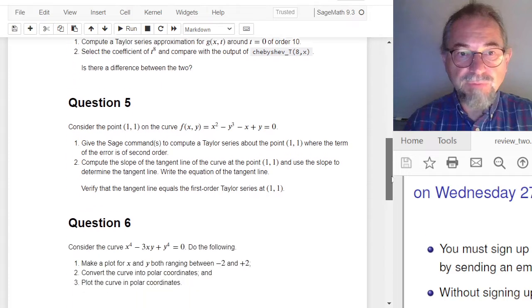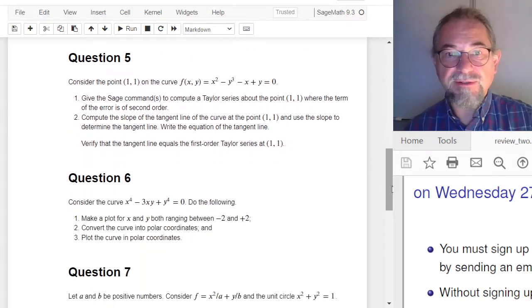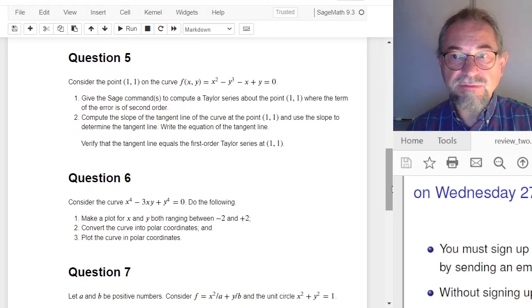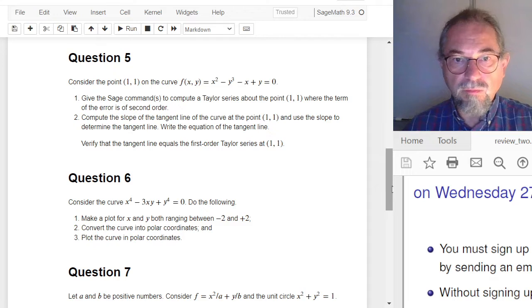Okay, question 5 should be something that you recognize from a former quiz. It starts out by making a plot of a curve defined by an equation. I'm sorry, I'm misreading here. This is question 6. Question 5 is the slope of the tangent line problem. Here as a review, I indicate both ways to do this.